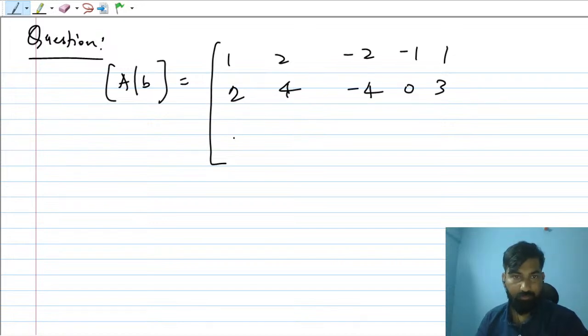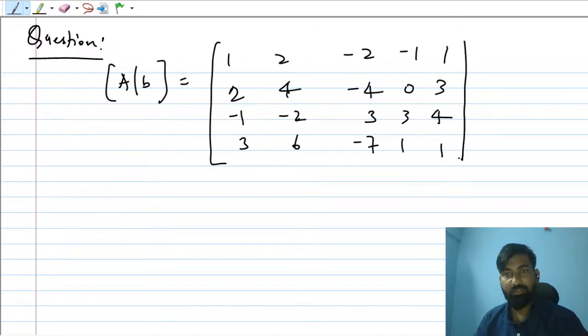This is 3, and minus 1, minus 2, 3. And this is 3, this is 4, and this is 3, this is 6, minus 7. 1 and 1. And this is the matrix A, and now the matrix b is 1, 2, 3, and this beta.